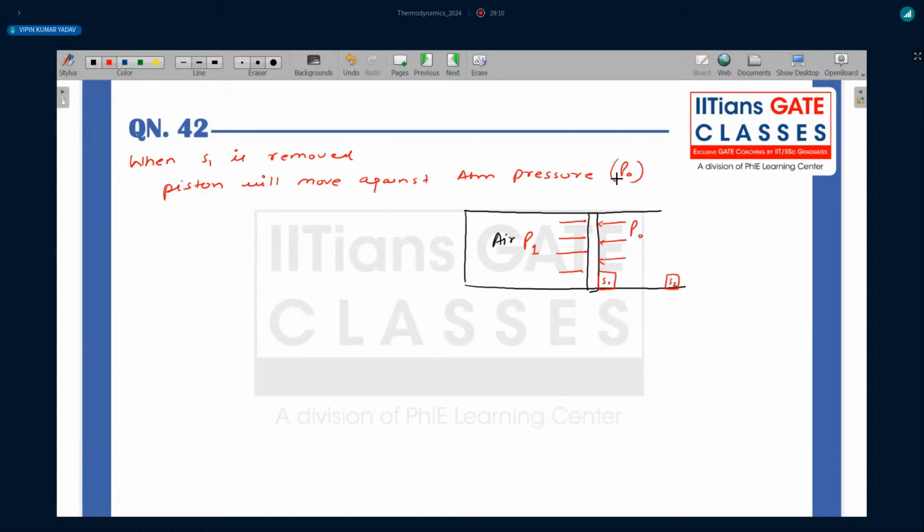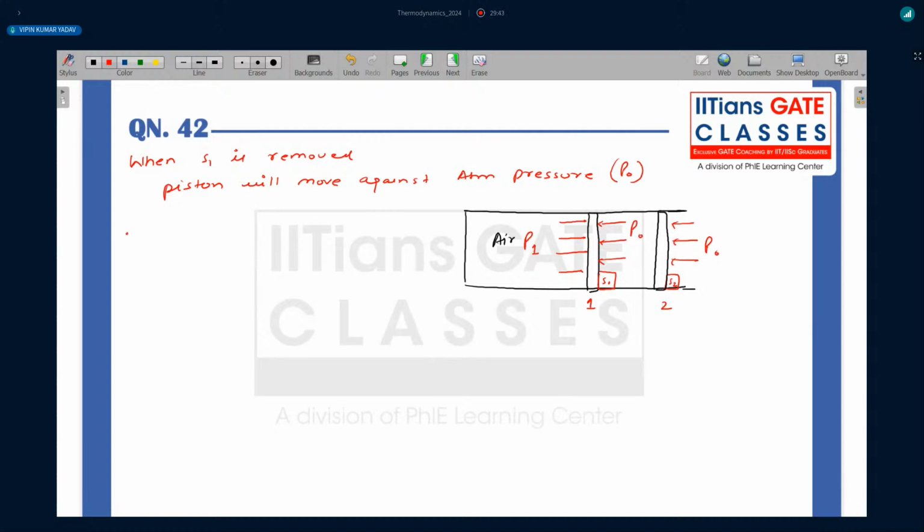The piston will come here and stop again, and still the outside pressure is P naught. So when the piston moved from position 1 to 2, the only pressure acting from the atmosphere was P naught, working against the piston.